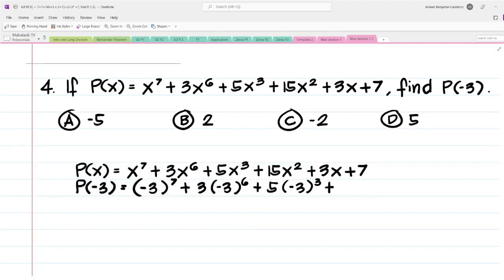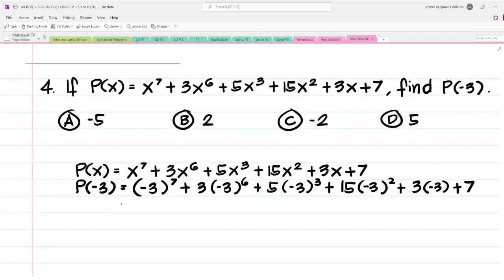Plus 15 times negative 3 squared plus 3 times negative 3 plus 7.